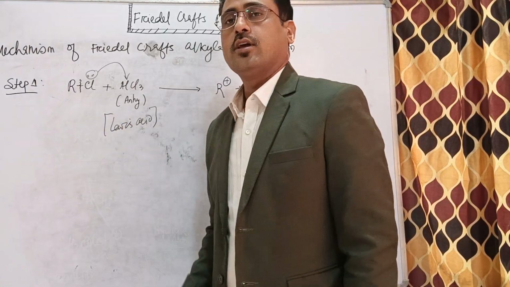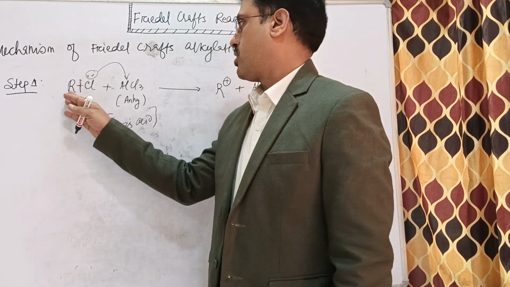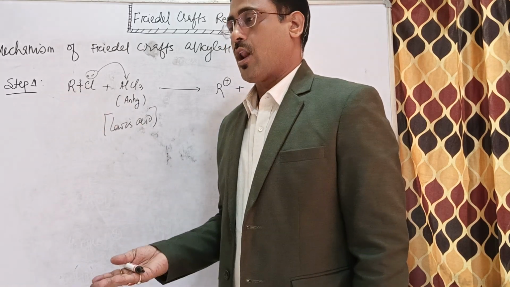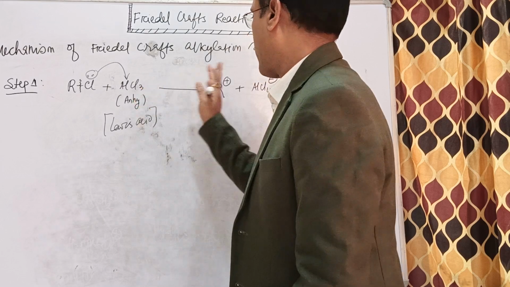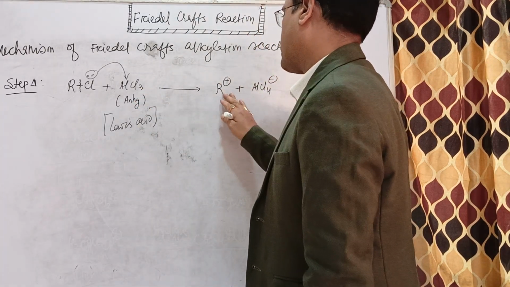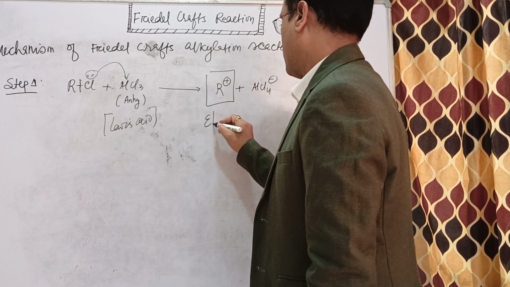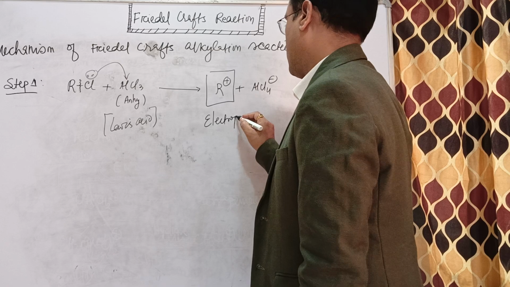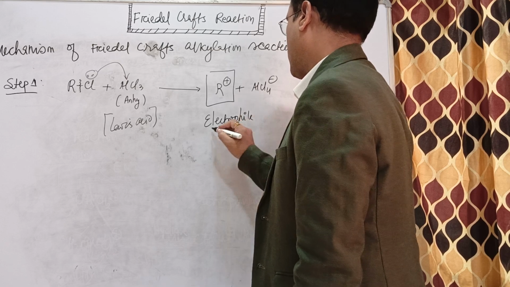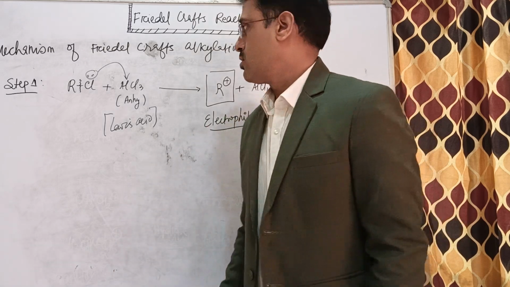This is a heterolytic fission, generating a cation and an anion. This carbocation is an electrophile, an electron-deficient species which contains 6 electrons.